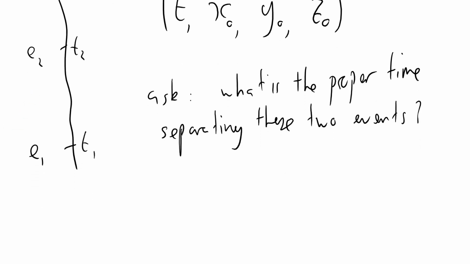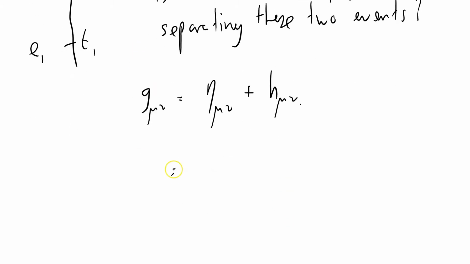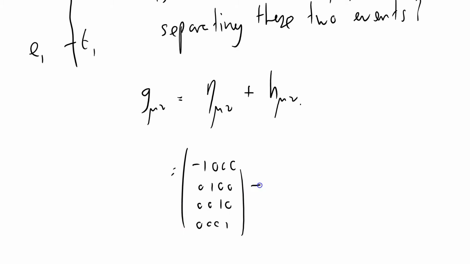Nobody told me this. So the metric tensor g mu nu, and we've chosen a very specific coordinate frame in which it's the sum of the Minkowski flat space metric plus something small and oscillatory. So it's equal to the matrix with -1, 0, 0, 0, 0, 1, 0, 0, 0, 0, 1, 0, 0, 0, 0, 1. That's that bit there.